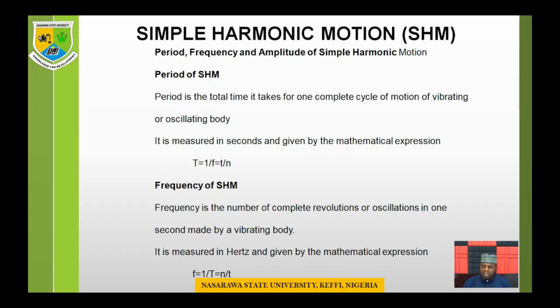It is measured in hertz and given by the mathematical expression f equal to 1 over T, which is equal to n over t. Remember, period T is 1 over f and is t over n, and frequency is simply the inverse of the period, so the reverse is now the case. f is equal to 1 over T, and in this case it is n over t, because it is the inverse.